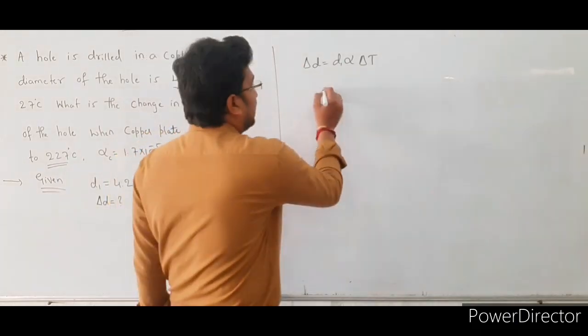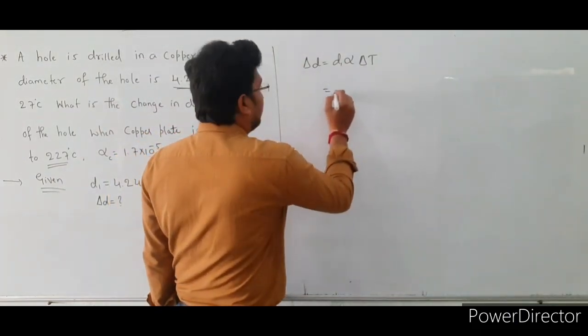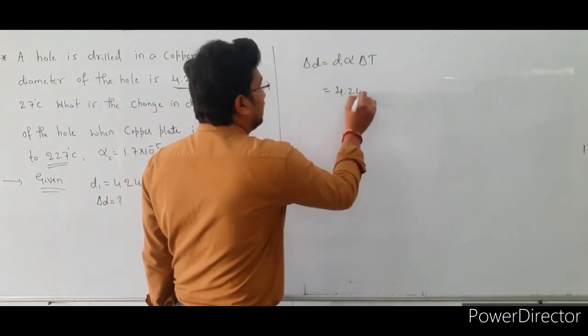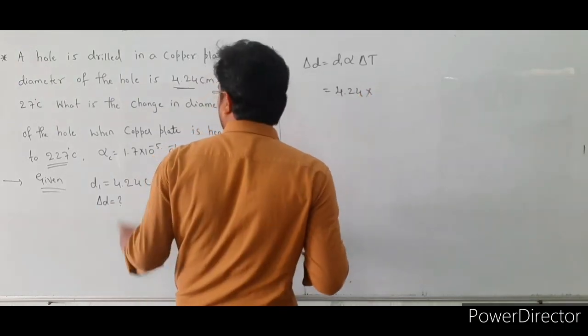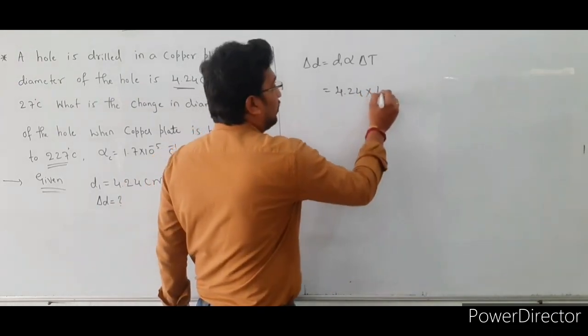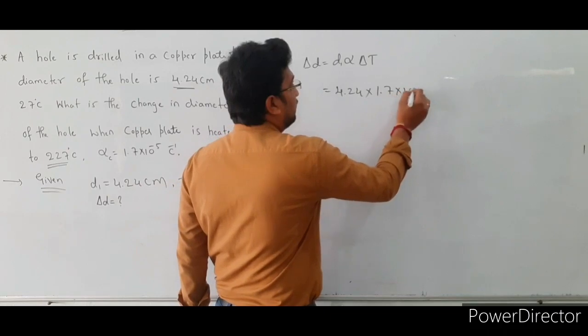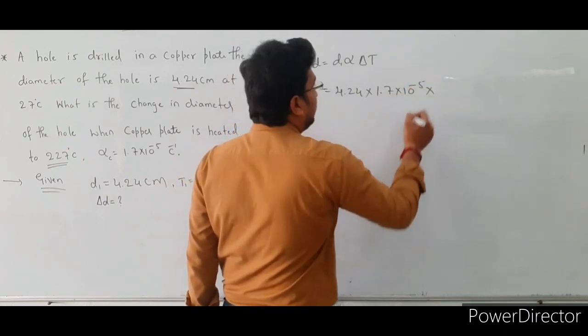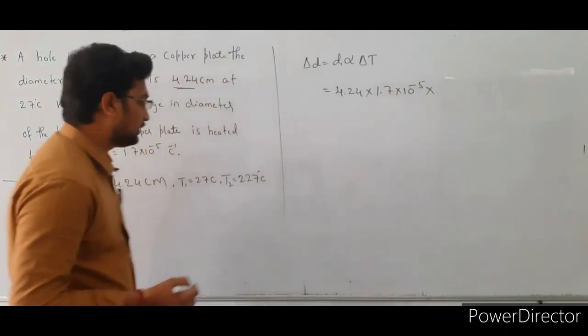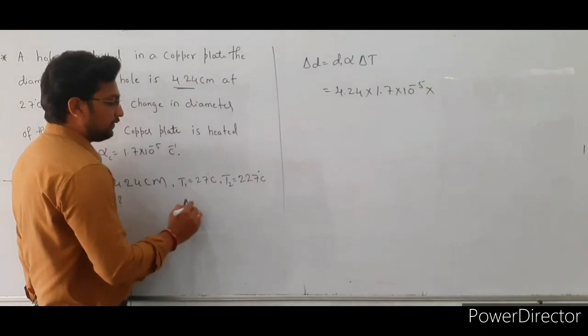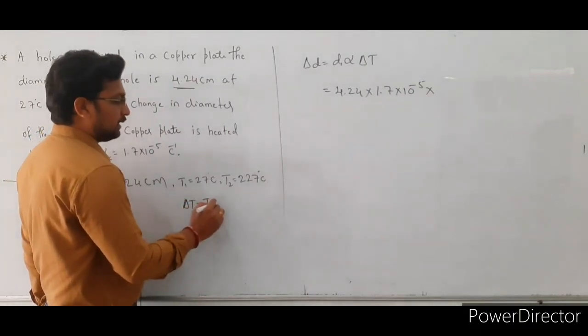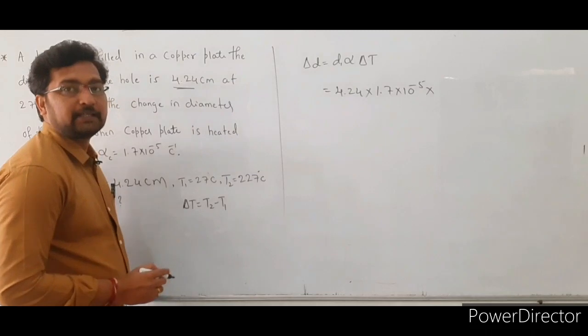The initial diameter value is given, that is 4.24 centimeter, into the alpha value is also given, that is 1.7 into 10 to the power minus 5 into change in temperature. The change in temperature is nothing but the final temperature minus initial temperature, that is T2 minus T1.